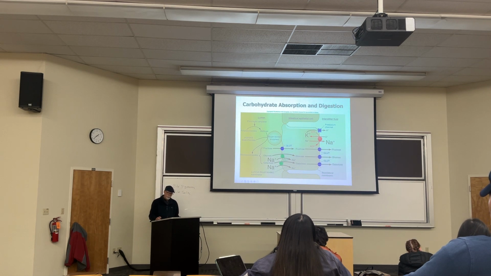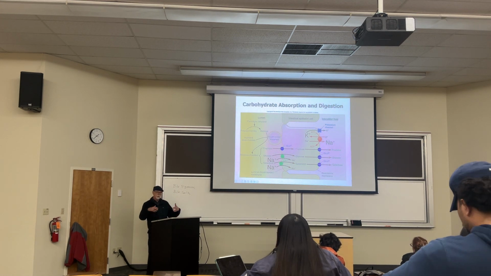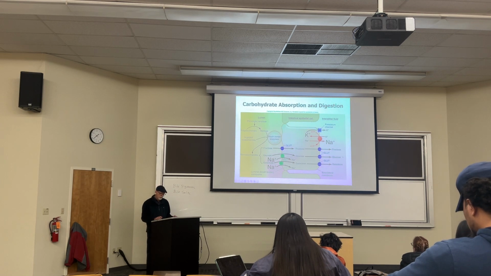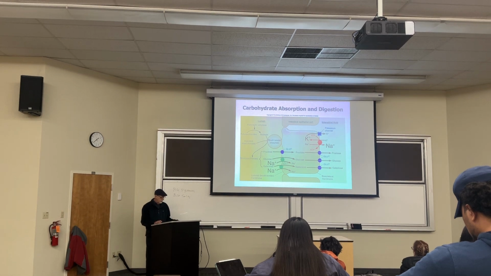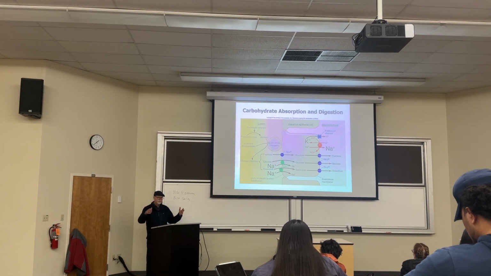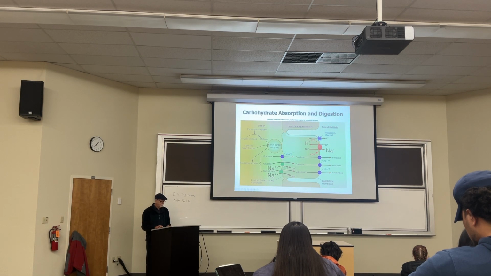So they're not sodium dependent in this step, they're not co-transported. That moves them into the intestinal fluid, it goes into the capillary blood in the villi, and then transports it to the liver first and then the rest of the body. So this is essentially transportation and absorption.